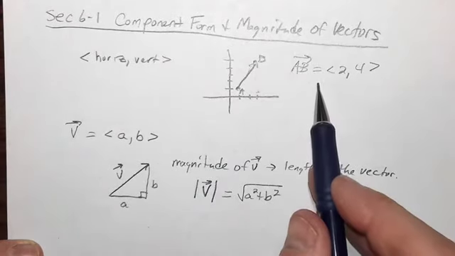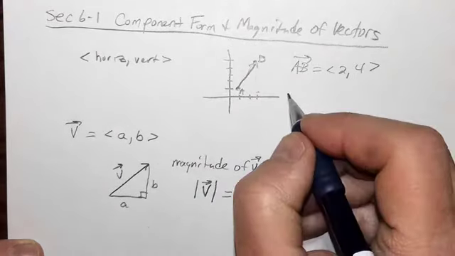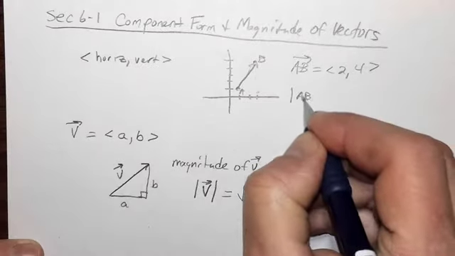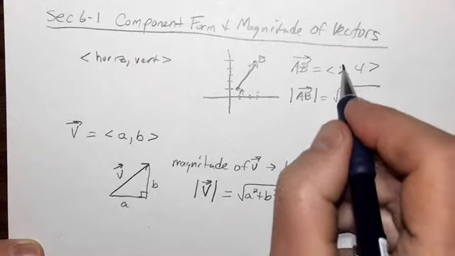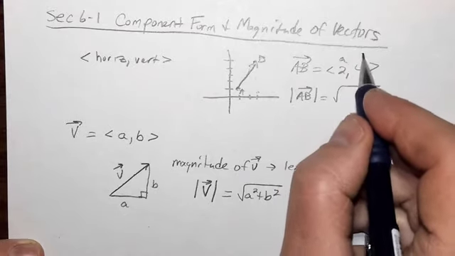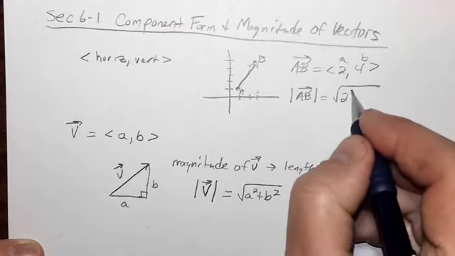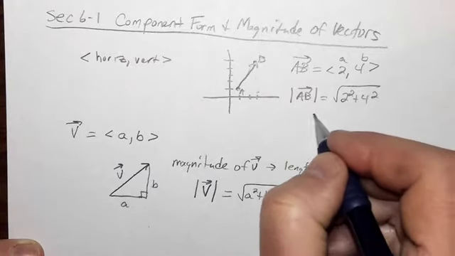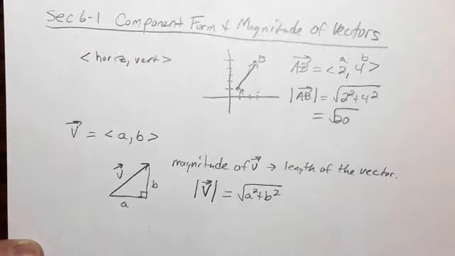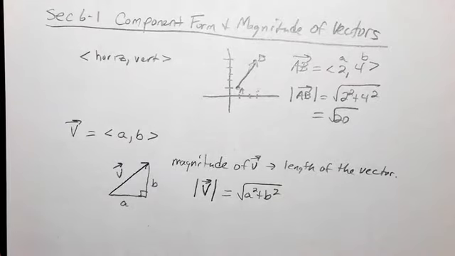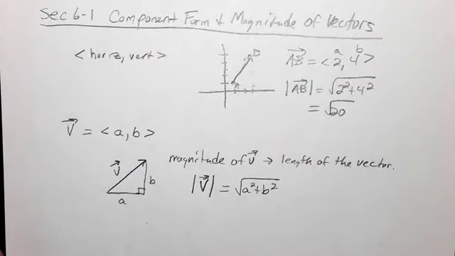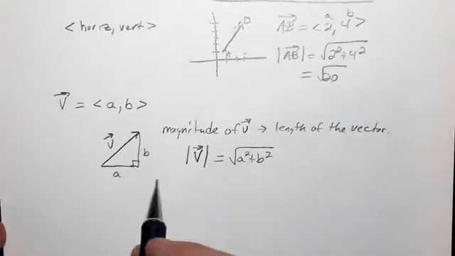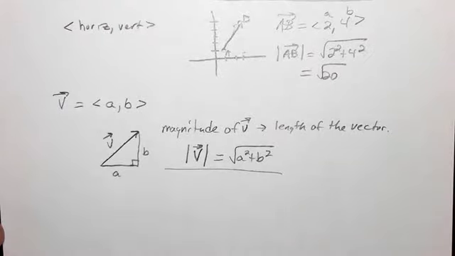So if we back up to this example, the magnitude of vector AB, where this is A and this is B, would be the square root of 2 squared plus 4 squared, which is the square root of 20. And you could use a calculator if you want a decimal. That's how you find the magnitude of a vector. There's our formula for it right there.